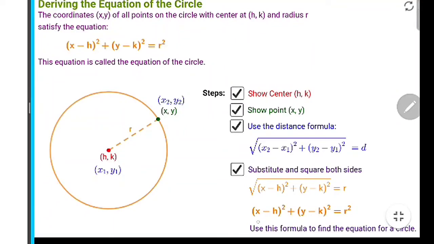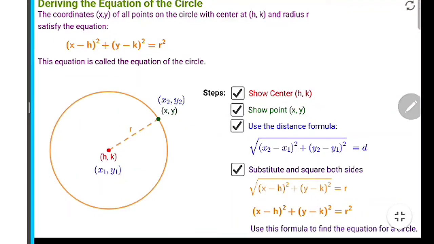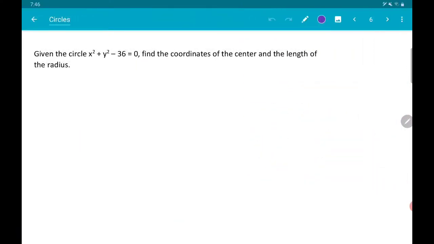We get (x minus h) squared plus (y minus k) squared is equal to r squared, with the radical symbol gone. Now we use this formula to find the equation for a circle. I provided this little demonstration for you to play around with. Now let's try to apply that.